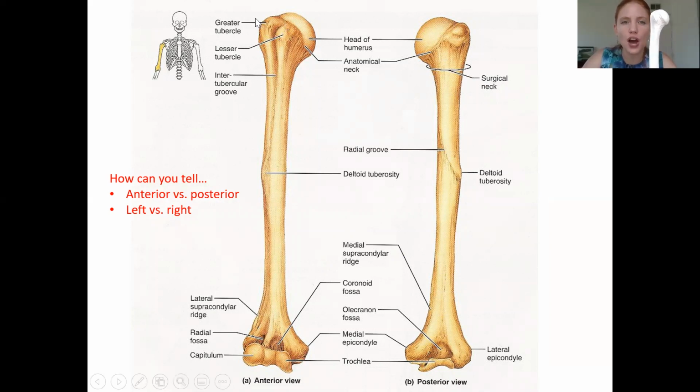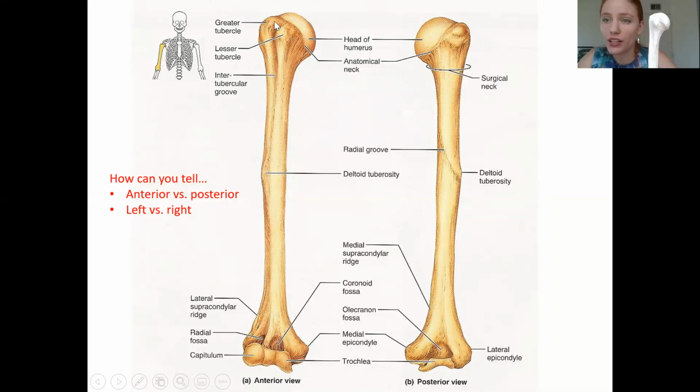Just outside, or just lateral to the head, you have two medium-sized bumps. They're on the smaller side, not super big, but they're definitely rough, rounded bumps. Those are for muscle attachments. We have the two tubercles.